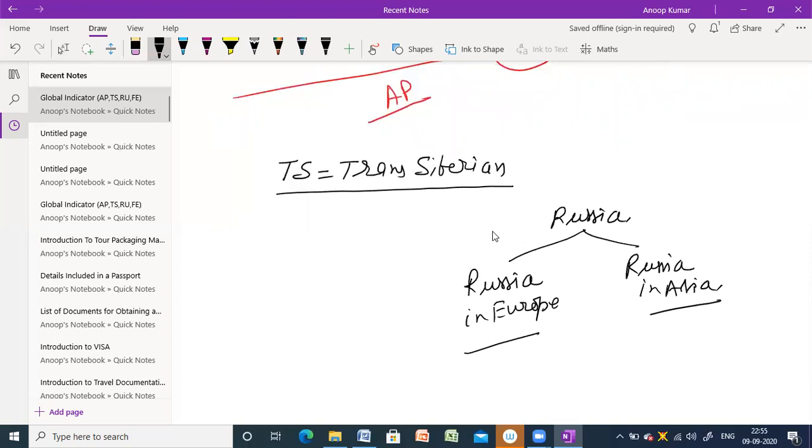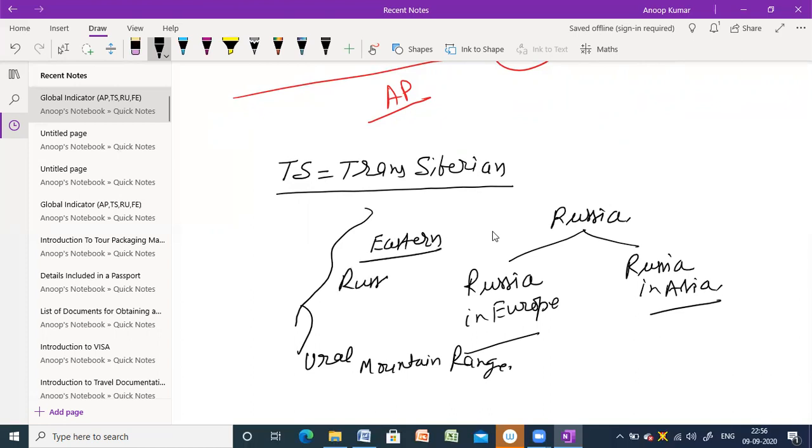There is a mountain range in Russia called the Ural mountain range. This Ural mountain range divides Russia into two parts. The eastern part is called Russia in Asia, and the western part is considered Russia in Europe.